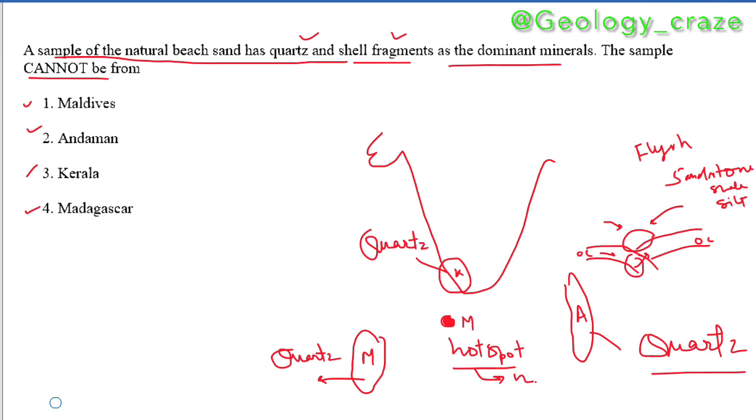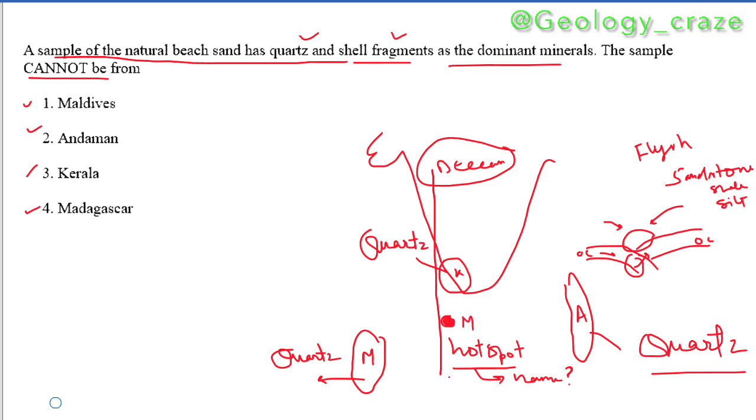If you know, mention the hotspot name, due to which the Deccan trap activity took place, and there is a chain.